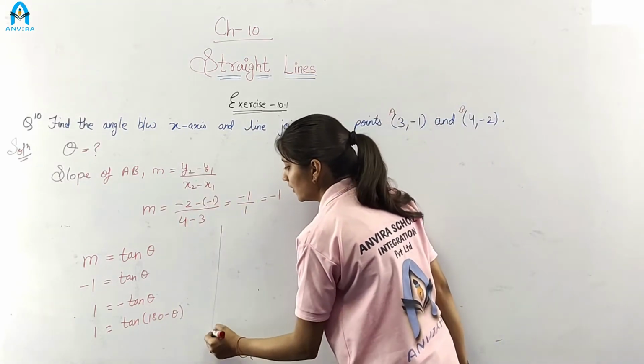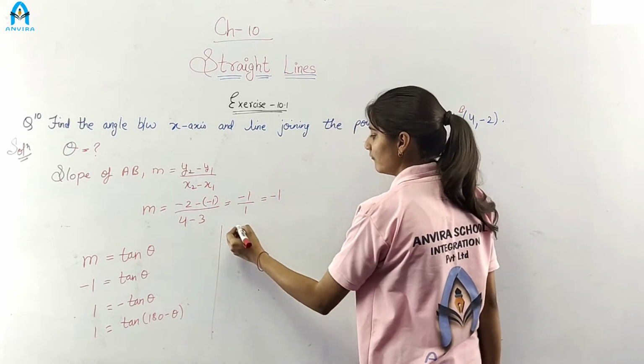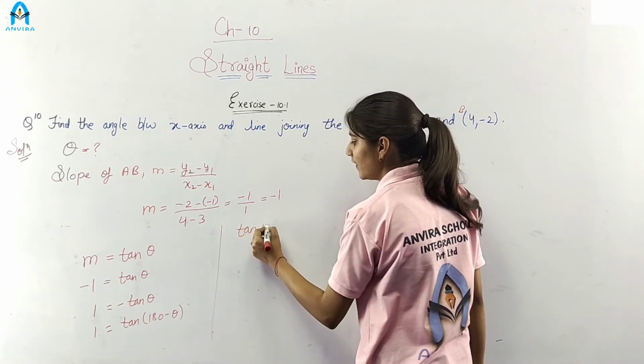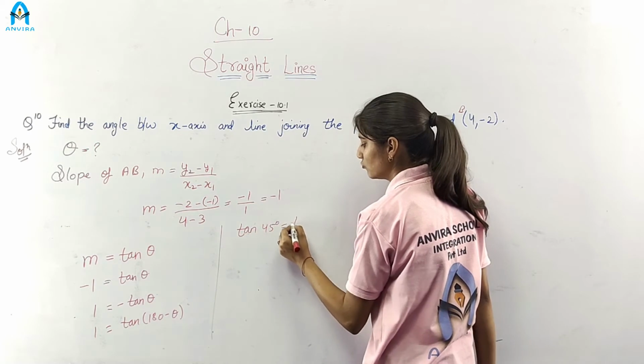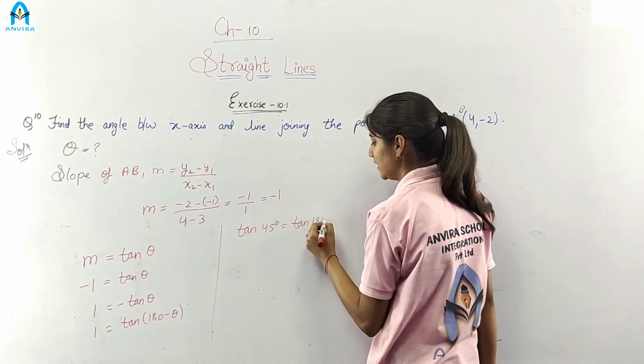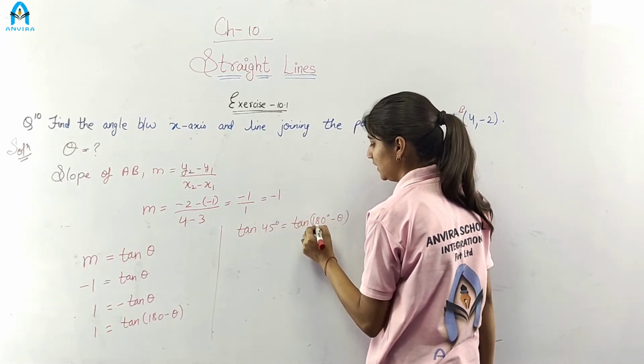So from here we conclude, what is our 1? Tan 45 is equal to tan of 180 degree minus theta.